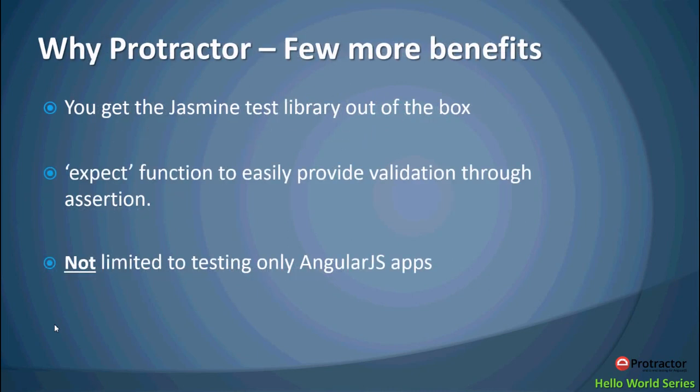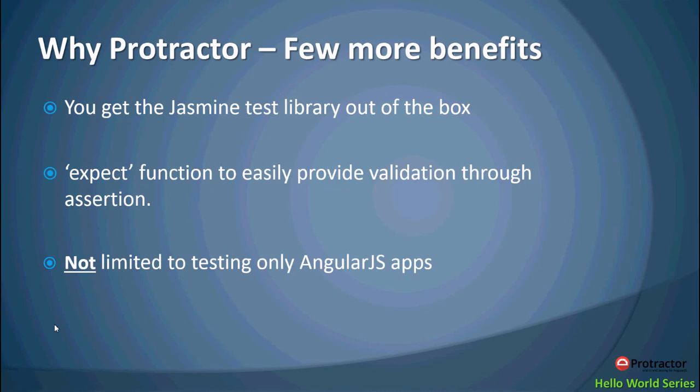Okay, now you get Jasmine test library because you're using Protractor, so you don't have to worry about Jasmine. Directly you can write a test case using Jasmine language. Jasmine is nothing but a JavaScript behavior driven framework, or I should say not framework maybe, but it's a behavior driven JavaScript language to write your test cases.